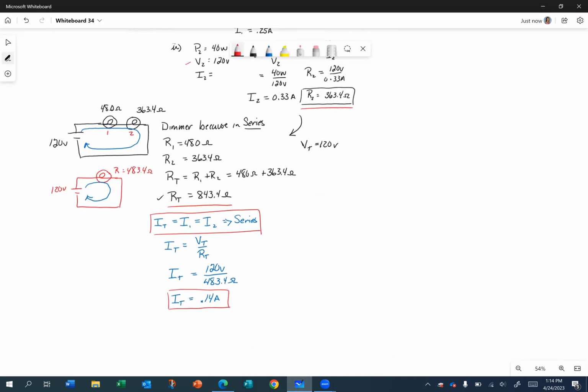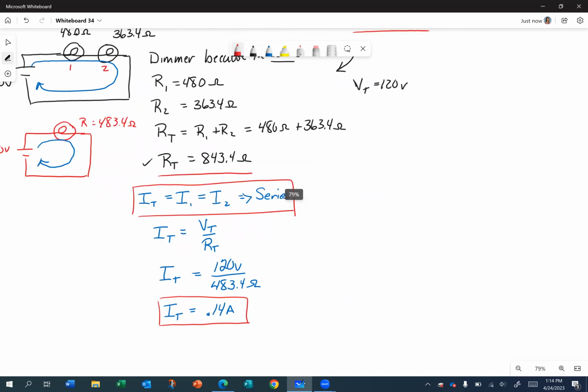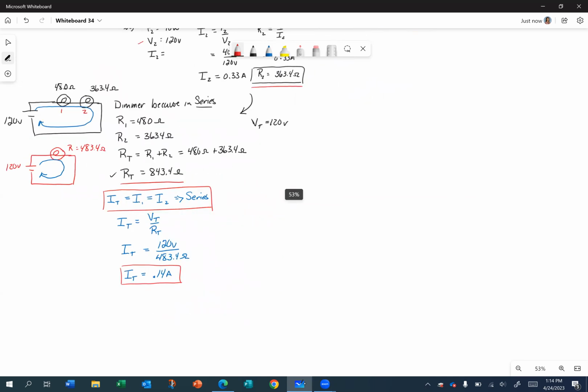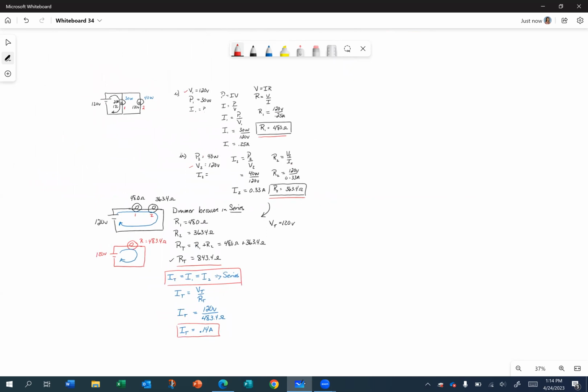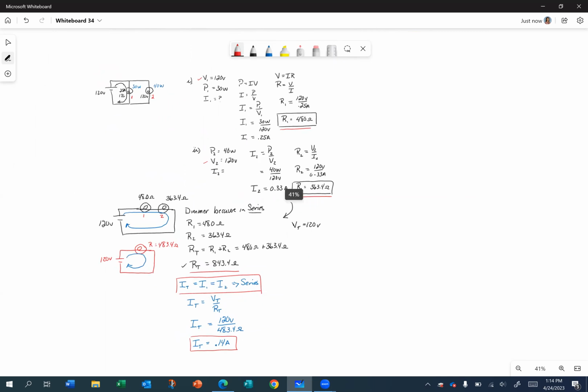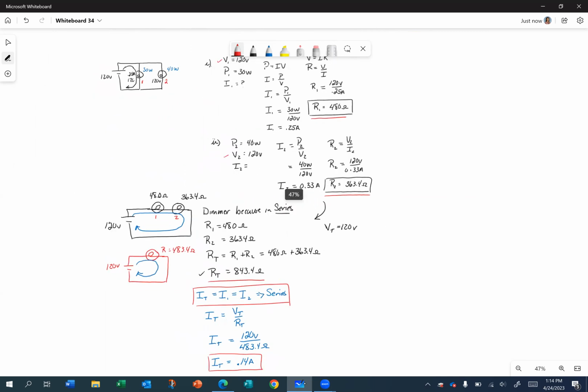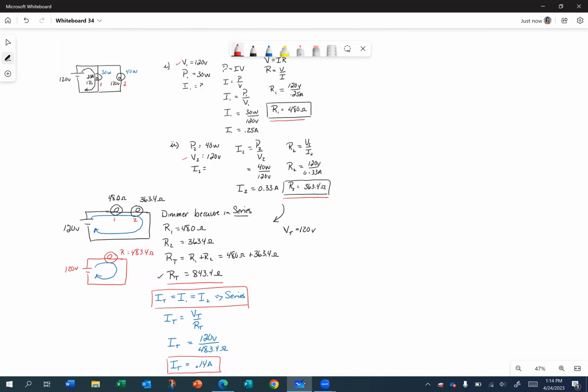All right, next part of the question is asking, rate the brightness, right? So if those are my choices of how I would wire these up, I look at these circuits, right? We do know that the parallel is going to give us the brightest bulbs, right? So the brighter one would be the one that has the greater power rating. So in this case, these are going to be the brightest bulbs, right?